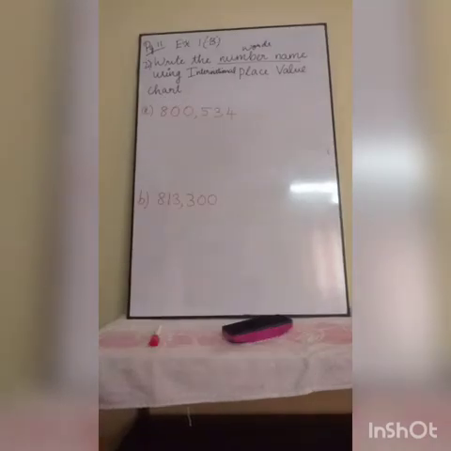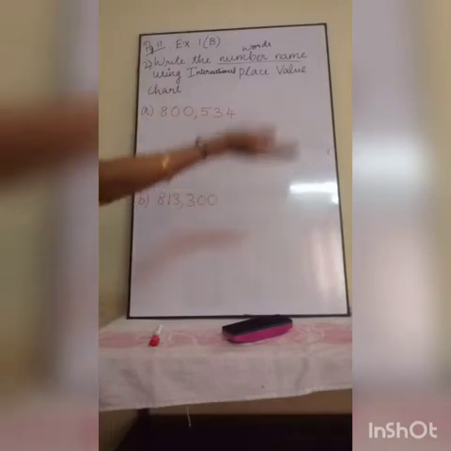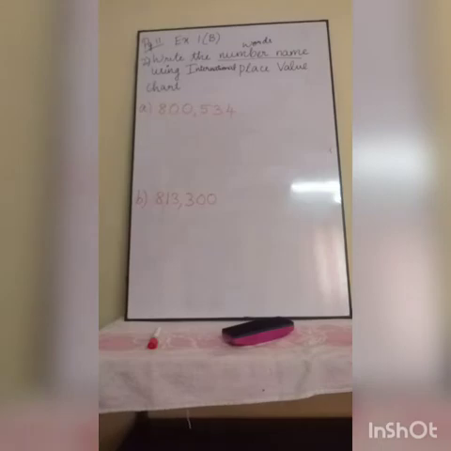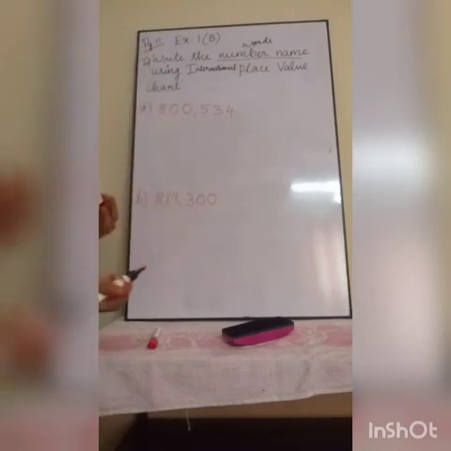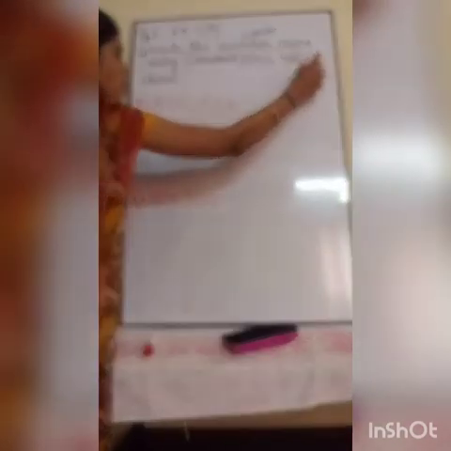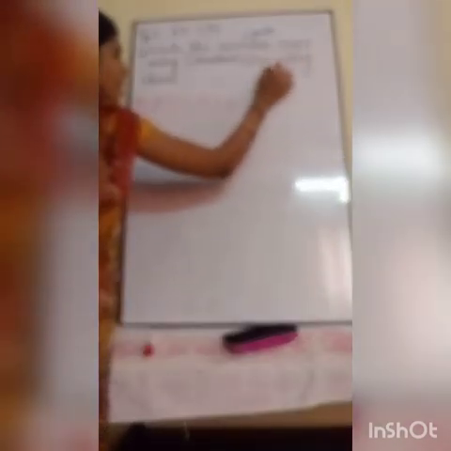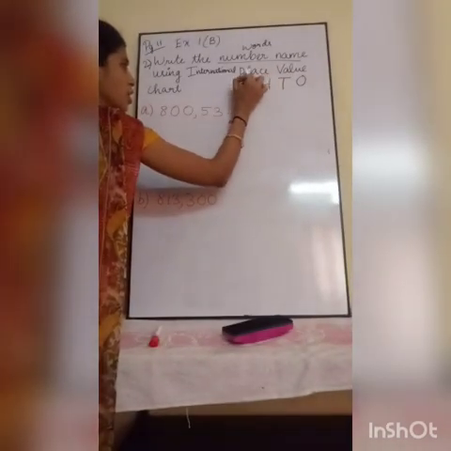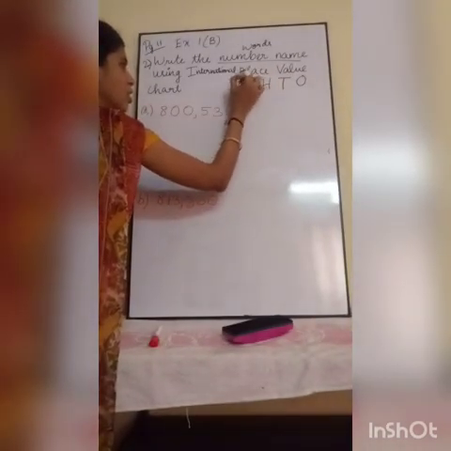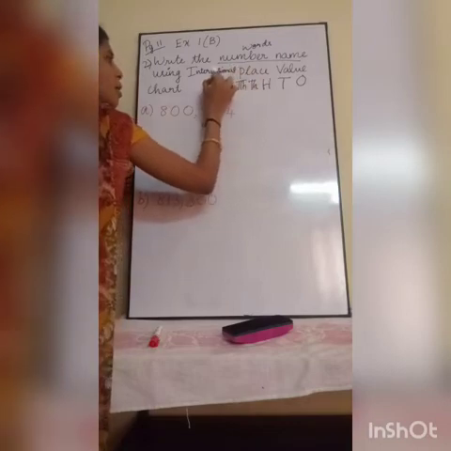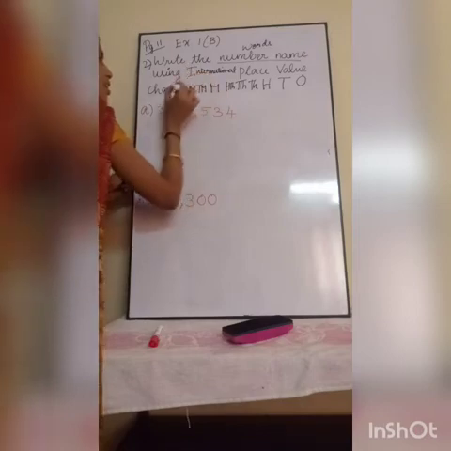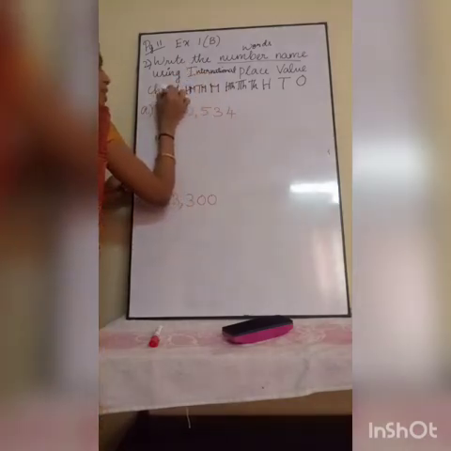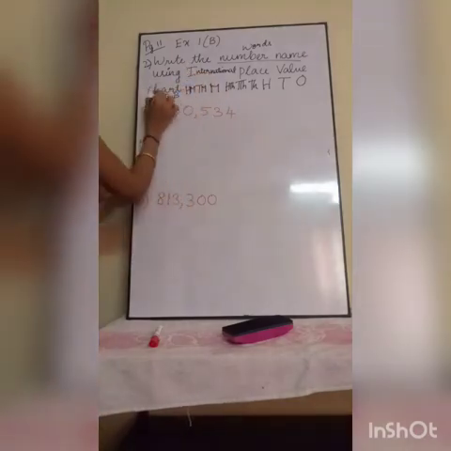Here we have to write the number name using the international system. What is the international system? You first have to write how we segregate the international system: ones, tens, hundreds, thousand, 10,000, 100,000, million, 10 million, 100 million, then billion, 10 billion, 100 billion.